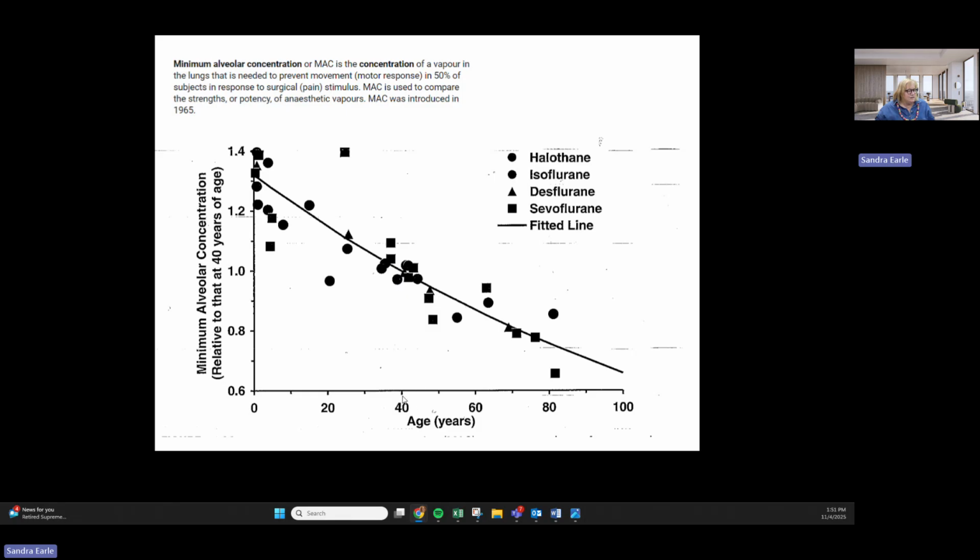You can see at 40 years of age, this is how much was needed. If you're younger than 40 years of age, you need a much bigger dose, don't you? And as you age from 40 years on, you can see that the dose that you need to get this same prevention of movement decreases. So you need lower doses as you get older.